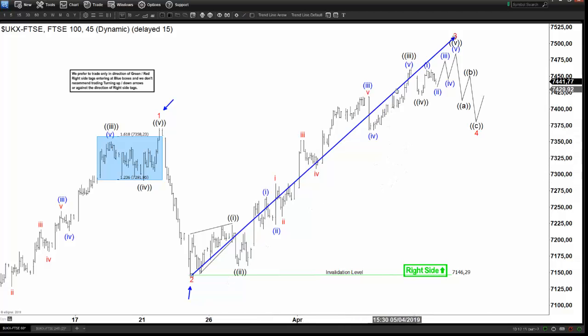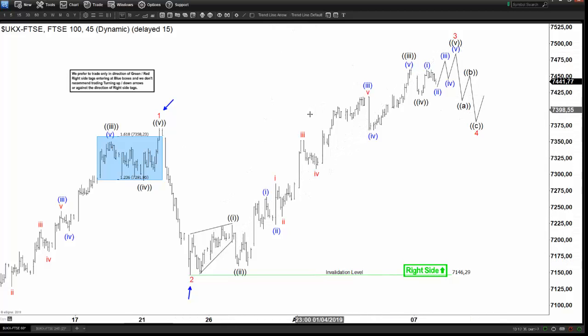And what we are looking for now is that this wave 3 potentially can get a little bit more upside, even though it's kind of risky to chase it at the moment, at least in the shorter cycle. Once this 3 is complete, we should be getting a bigger pullback in wave 4. So this wave 4 potentially will be correcting this entire cycle.